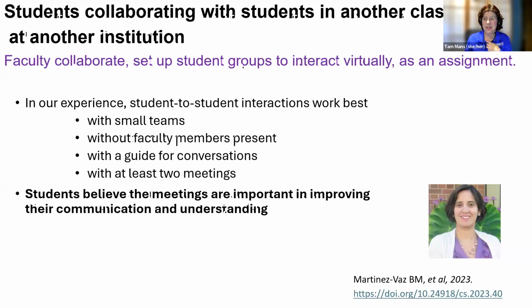I also had done a version of this with another person's class, where my student groups were supposed to talk to the other faculty member's student groups while I was sitting there in the room and the other faculty member was in their room. And they didn't talk at all.